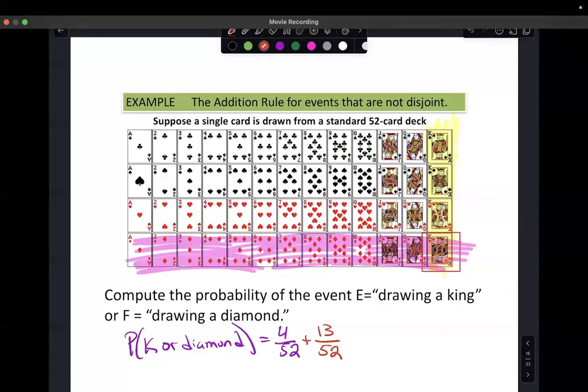So I need to subtract one of them off because I counted it twice. That's why we do the subtraction. So 4 plus 13 is 17 minus 1. So I have 16 out of 52 or 4 out of 13. So we're not really getting rid of something, we're just getting rid of the double.